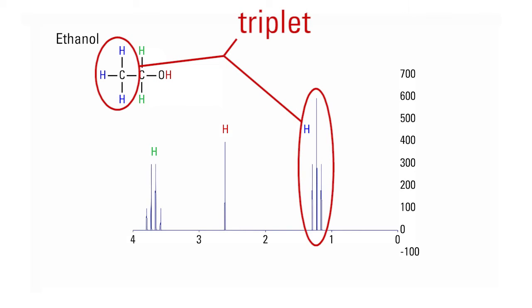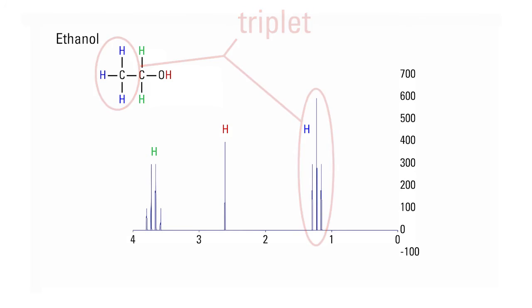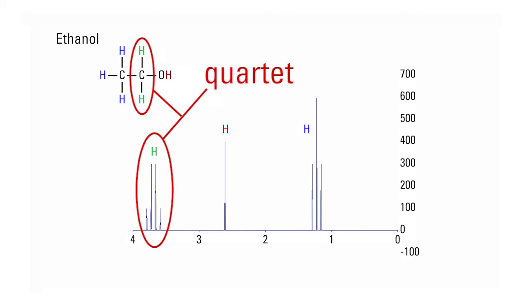A triplet around 1.3 ppm corresponds to the 3 hydrogens in the methyl group. The signal is split into a triplet due to the neighboring 2 hydrogens in the methylene group. And a quartet around 3.7 ppm corresponds to the methylene hydrogens, and the signal is split into a quartet by the neighboring 3 hydrogens in the methyl group.